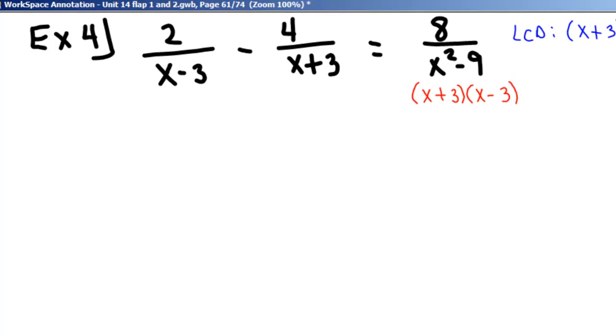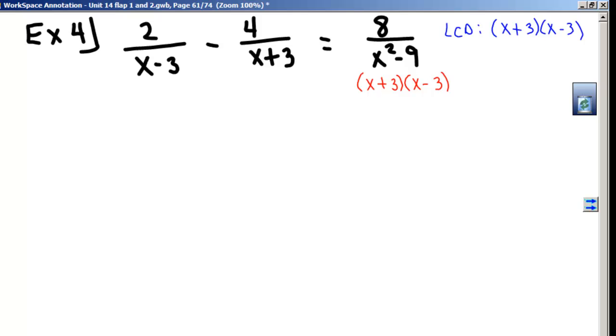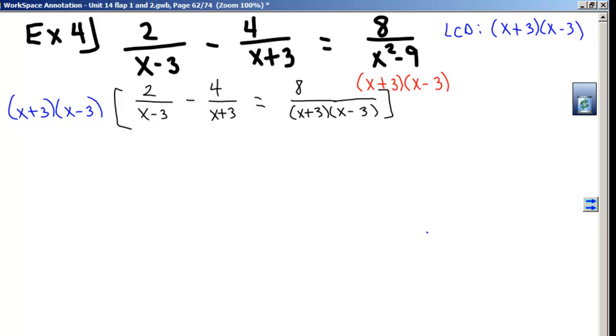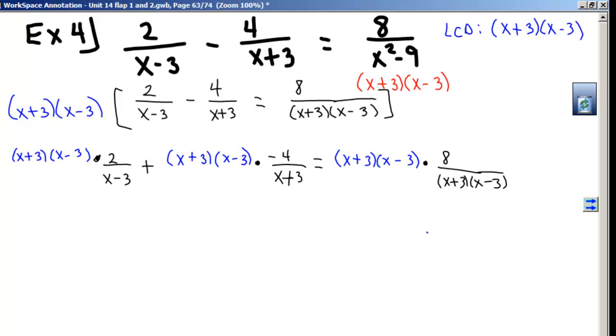Now get the LCD, which is x plus 3 times x minus 3. Multiply the LCD to each term in the rational equation. This will eliminate the fractions.